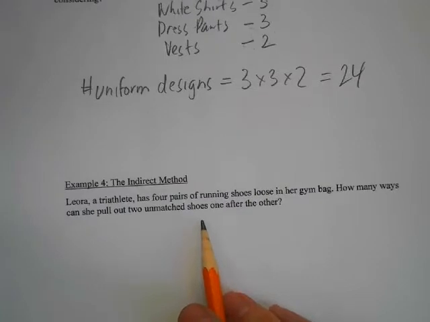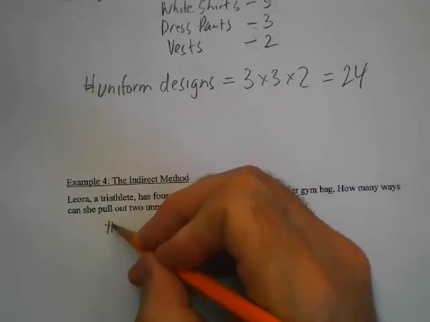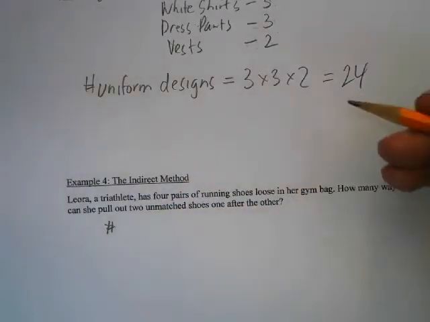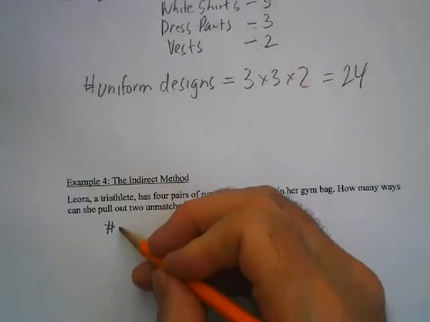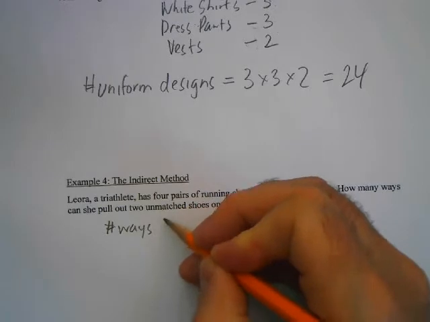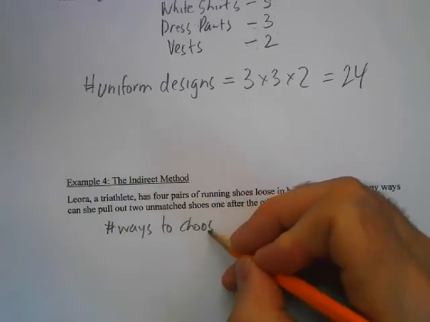There's only certain shoes that will match. It is doable, but I'll show you the indirect method here. So the indirect method is you always start off with the total number of ways of doing this process. So this is the number of ways to choose 2 shoes.